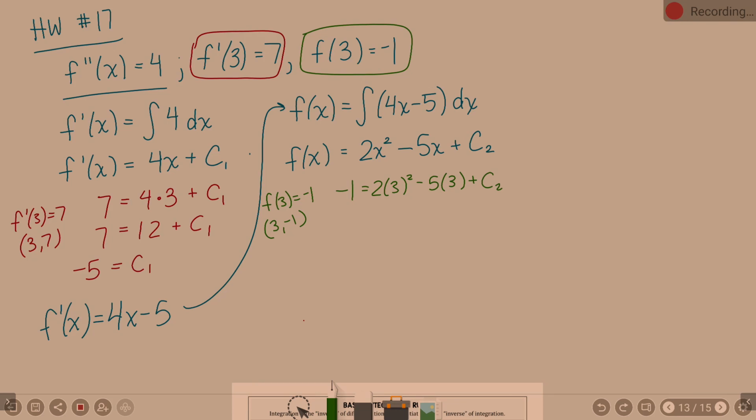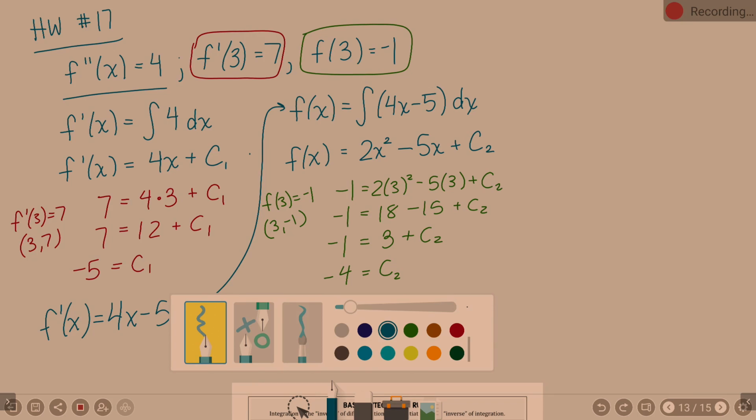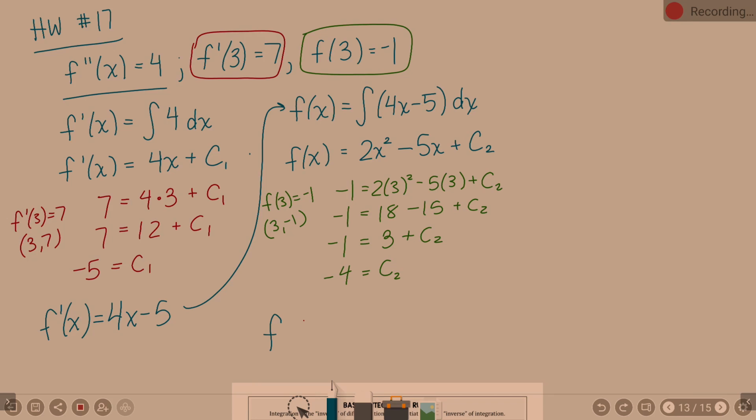Negative 1 is 18 minus 15 plus C2. Negative 1 equals 3 plus C2. C2 is negative 4. So f of x is equal to 2x squared minus 5x minus 4. Not bad.